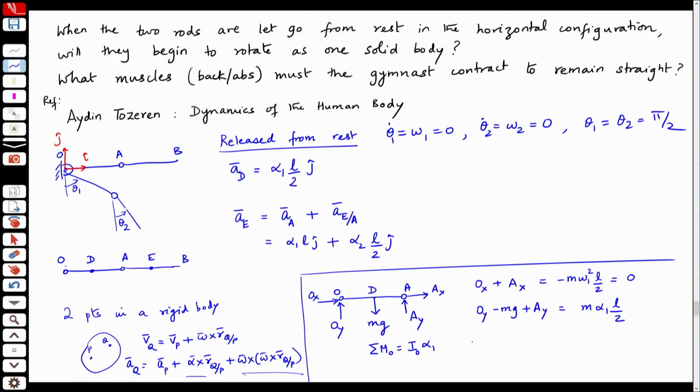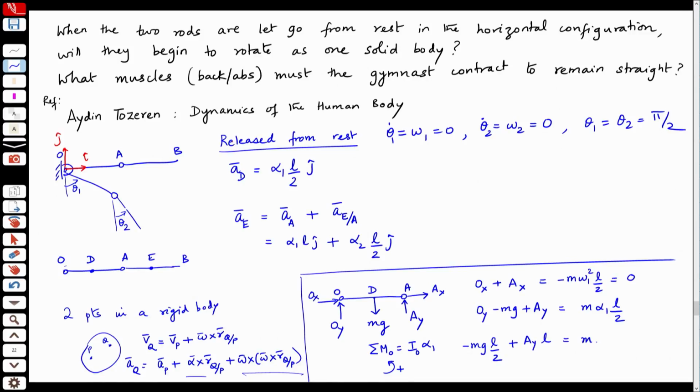So, then I get minus mg into L by 2, I am assuming counterclockwise positive. So, minus mg into L by 2 plus Ay into L equal to, what would be the moment of inertia of this rod about O?